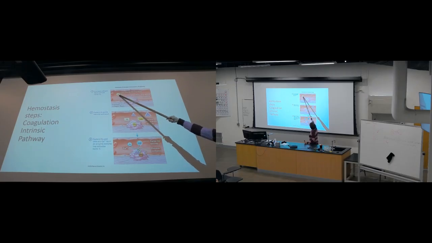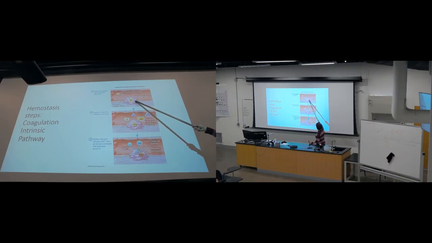So factor 12 is inactive, then comes in contact with these collagen fibers and these platelets and becomes active. So then it will be 12A. After this, factor 12A, which is an enzyme, a serine protease, is capable of activating the next coagulation factor, which is 11.